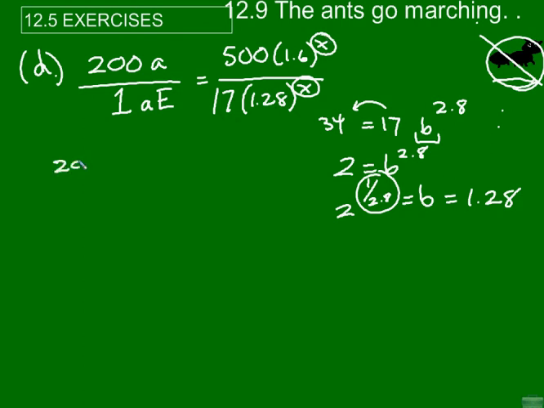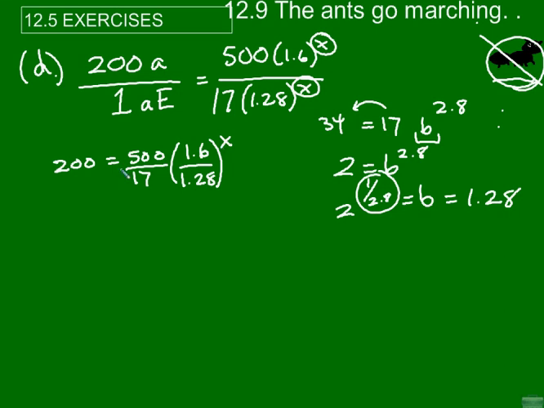So 200 equals 500 times 1.6^x over 17 times 1.28^x. And since these are both raised to the same power, I can just turn it into a fraction there and get 1.6 over 1.28 out of the deal here.